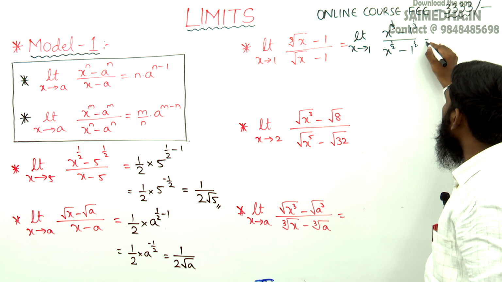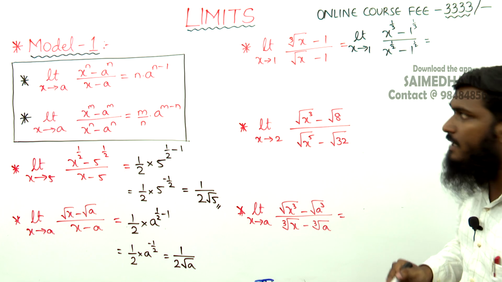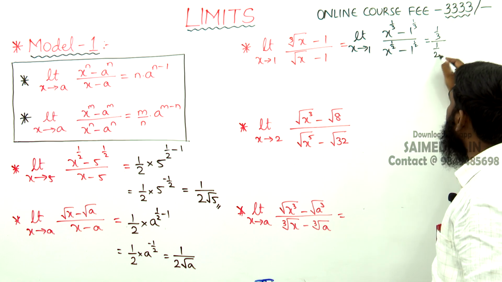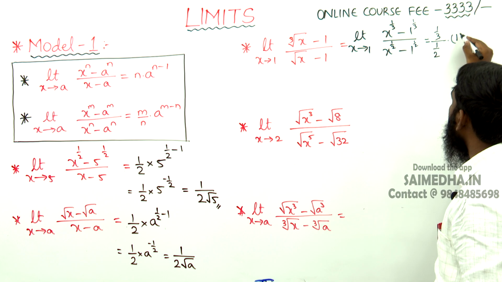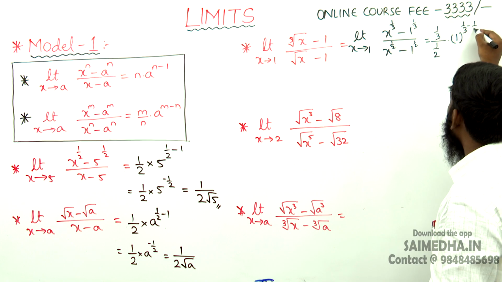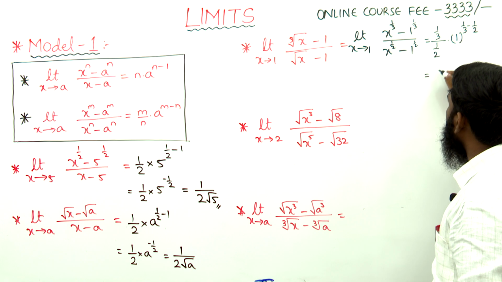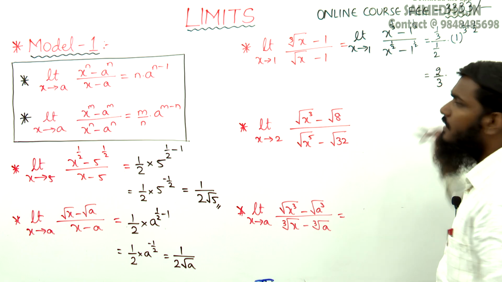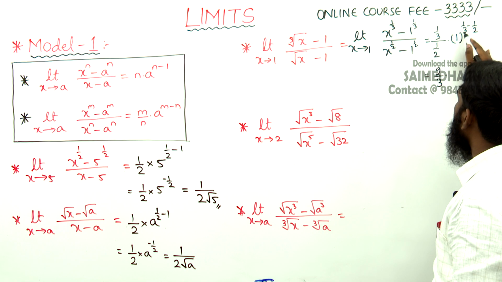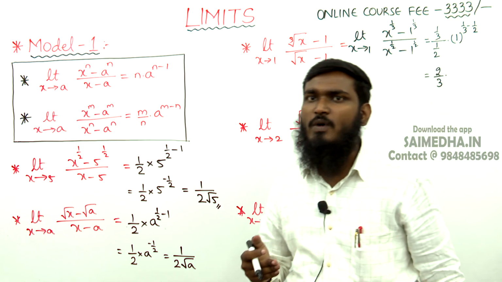So what do we have to write now? We have to use this formula, m by n into a power m minus n. What is the m value? 1 by 3, divided by the n value 1 by 2, into the a value 1 to the power of m minus n. m minus n means 1 by 3 minus 1 by 2, which is equals to 1 by 3 divided by 1 by 2, so it will become 2 by 3. 2 by 3 into 1 power 1 by 3 minus 1 by 2; this part will be, 3 twos are 6, and this part will become 2 minus 3, so minus 1 by 6.